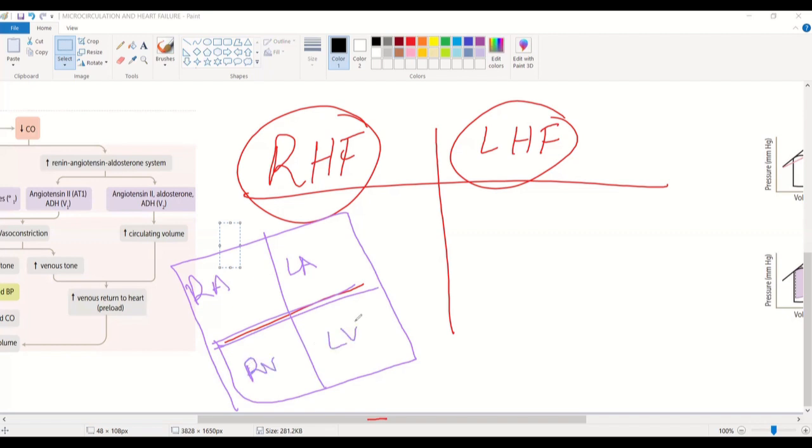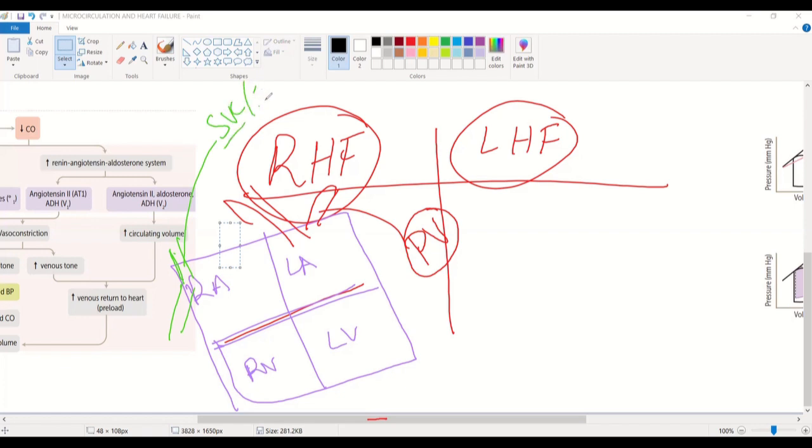So if it is right-sided heart failure, so here are the pulmonary veins. These are pulmonary veins, right? Okay, and here is the vena cava, superior vena cava or inferior vena cava.